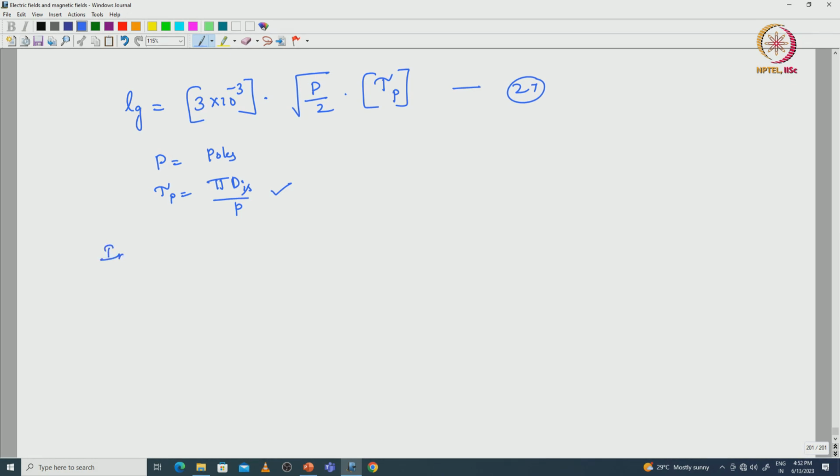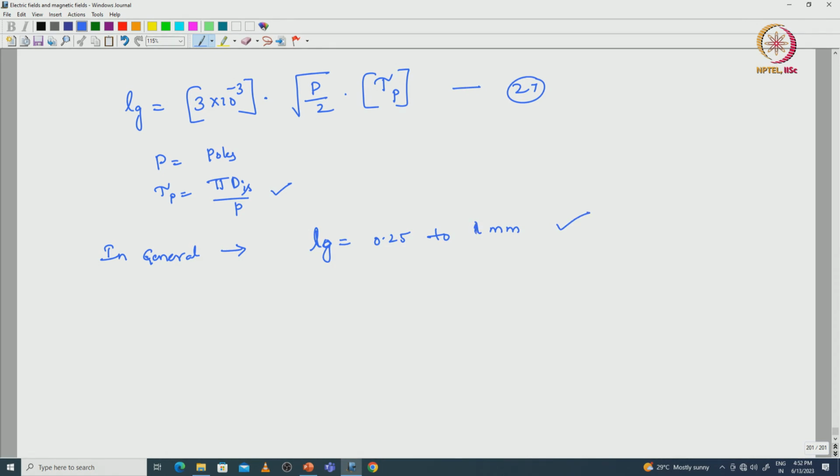In general, the air gap length will be Lg = 0.25 to 1 mm, depending upon the power rating of the machine.